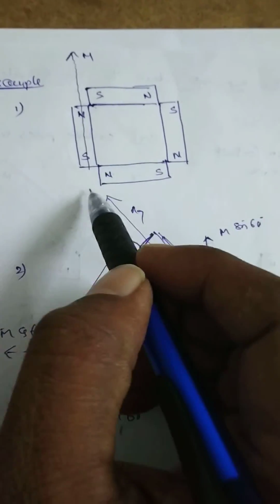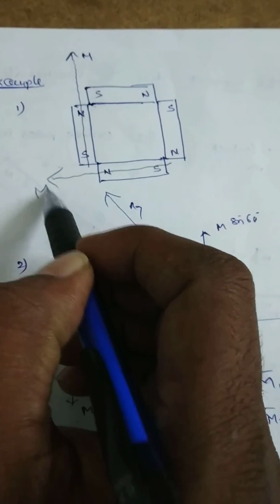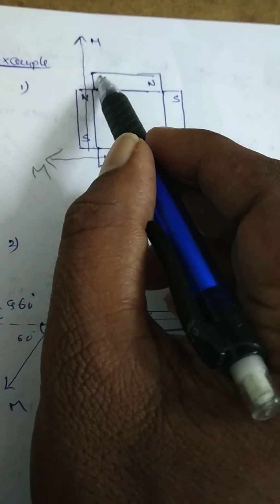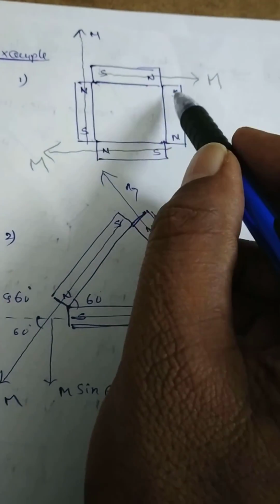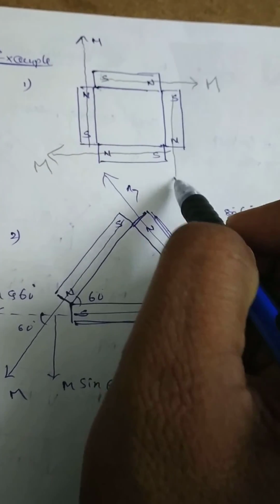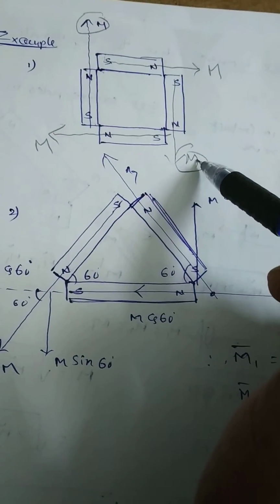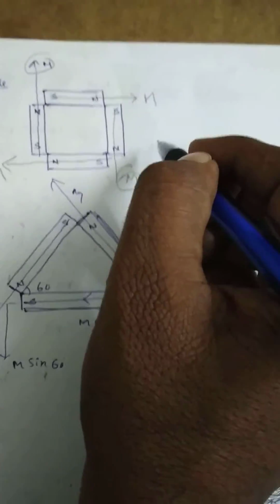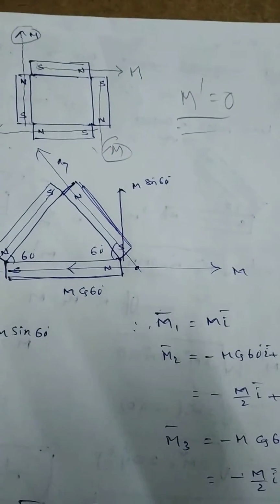This is the direction of magnetic moment of the first magnet, M. This is for the second one, and this is S to N, M. This M and this M both are equal and opposite, so the resultant is equal to 0. This M and this M both are equal and opposite, net equal to 0. So the resultant magnetic moment M dash is equal to 0.